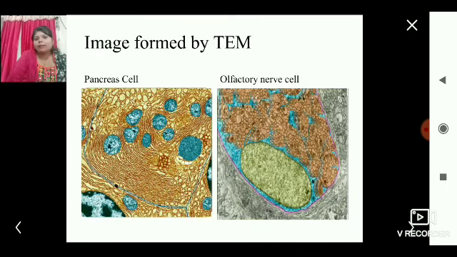This is the image formed by the TEM. These are thin sections where images are formed. This is a pancreatic cell example, and this is an olfactory nerve cell.